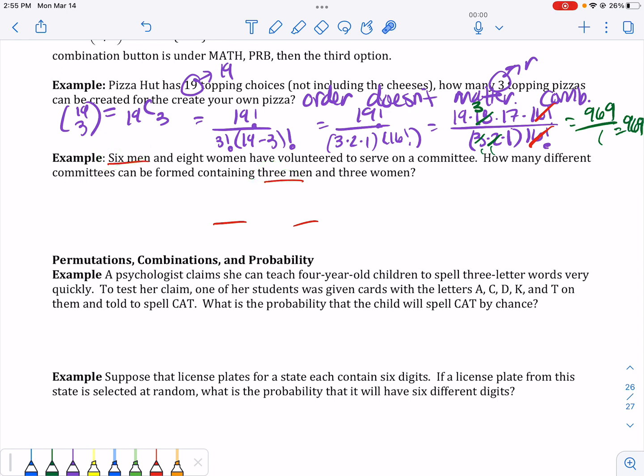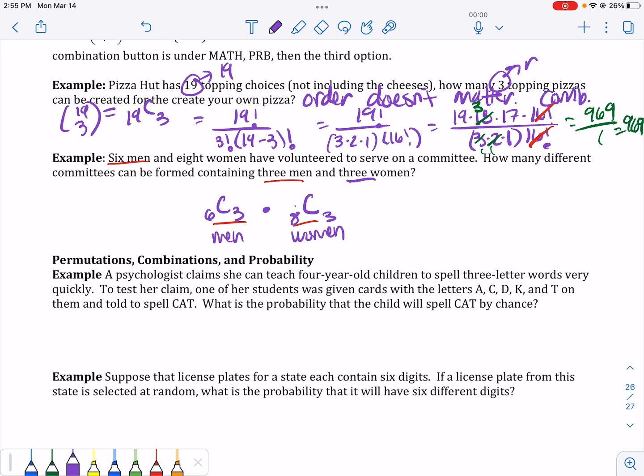So in our first slot for men, we have a combination because we're not caring about the order of how they get picked, just that they are picked. So we have 6 men, and we're choosing 3 of the men. And then for our women's spot, we have 8 women, and we're choosing, again, the order doesn't matter, so it's a combination, and we're choosing 3 women.